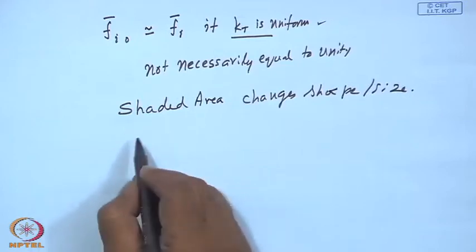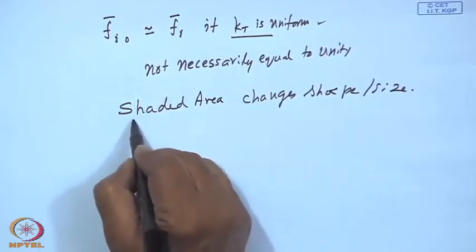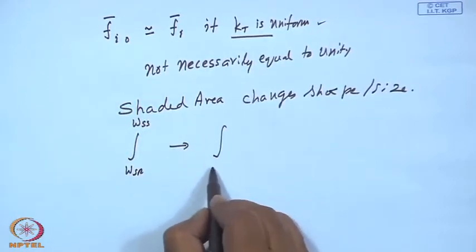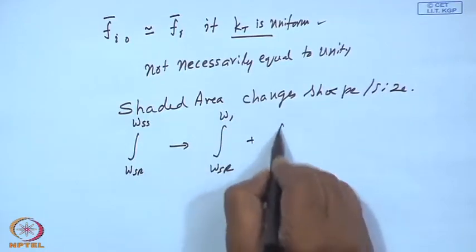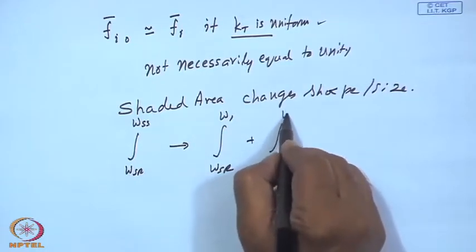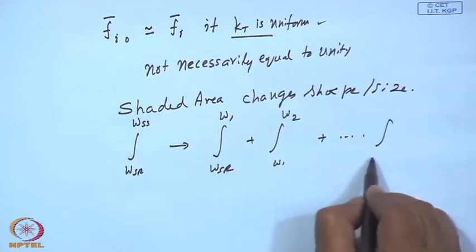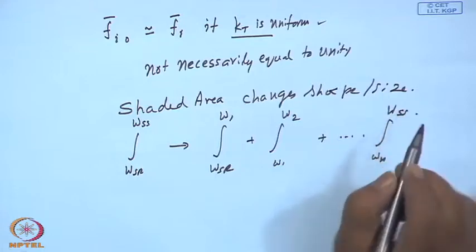So, in other words, this so-called omega S r to omega S s may have to be split up into omega S r to omega 1, plus omega 1 to omega 2, plus omega n to omega S s.